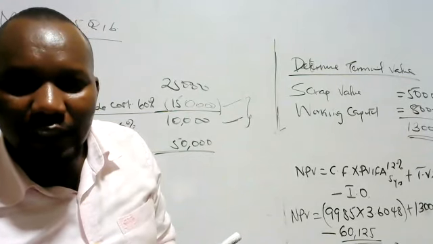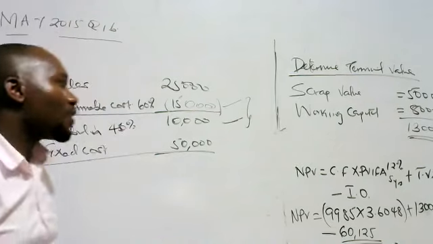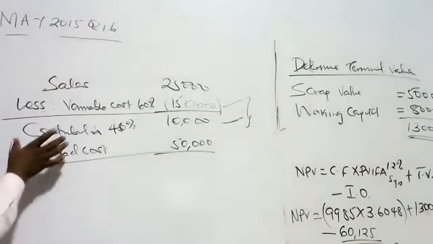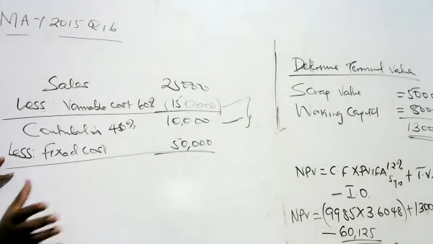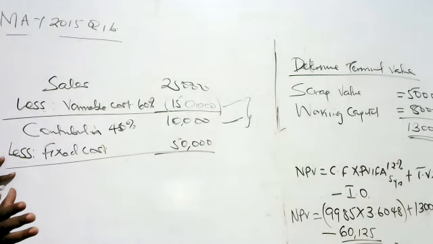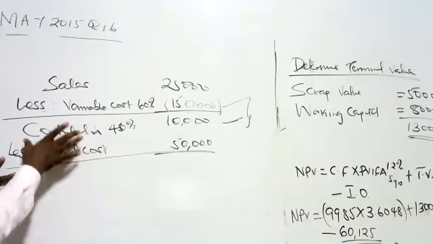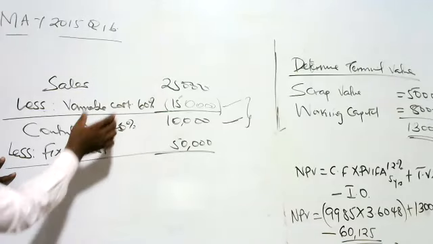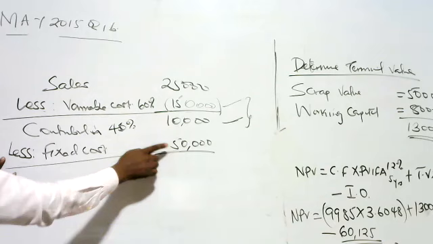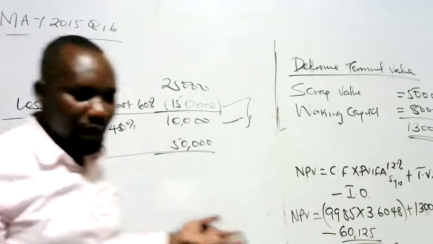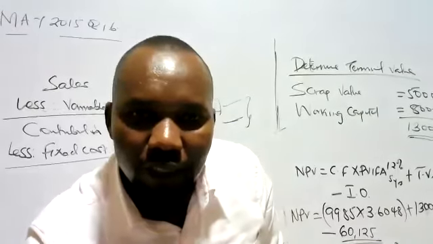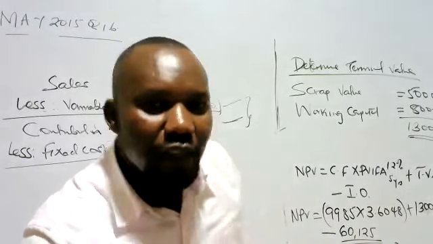You wrote profit at 10. No, this one is what I'm assuming, the profit just before fixed cost. How do you call it? Is it gross profit or whatever it is? Yes, that is what I meant. Here, the immediate profit just before you remove the cost. Is it called gross profit or something? Yes, but now you know what it is. Okay, which is now 10,000.